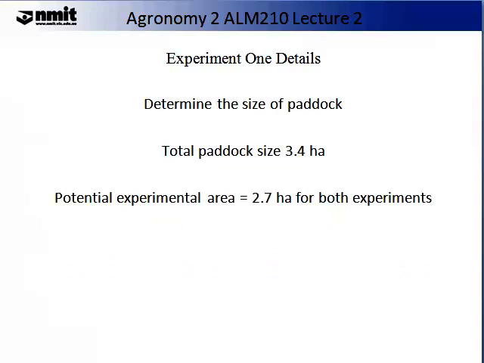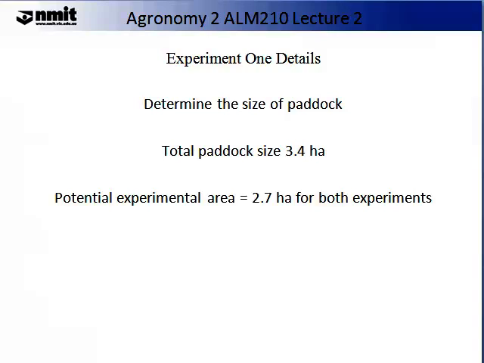When conducting trials in fields, there are a number of approaches that you can use. You can use entire fields and compare them, or you can separate the fields into blocks or smaller units of land where you conduct your experiment. In paddock 5 at the Yangying Teaching and Research Demonstrator, the total paddock size was 3.4 hectares.